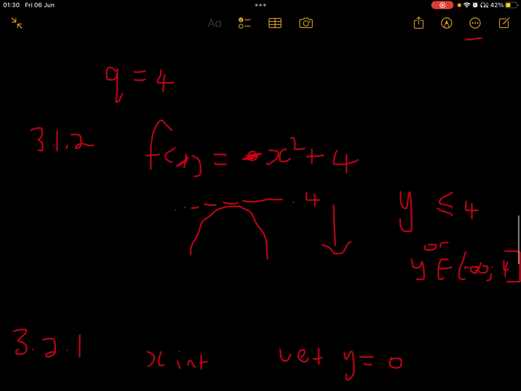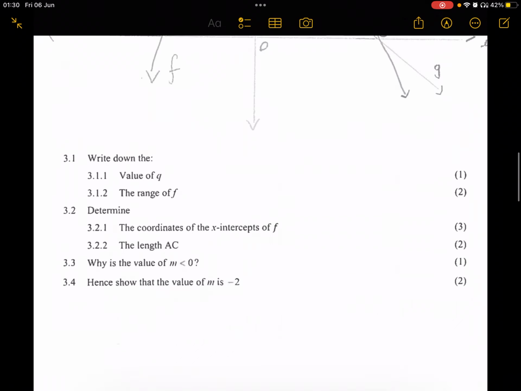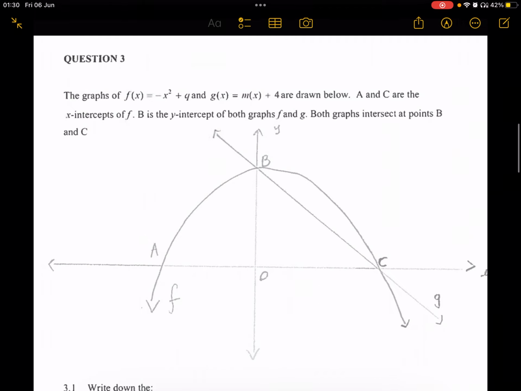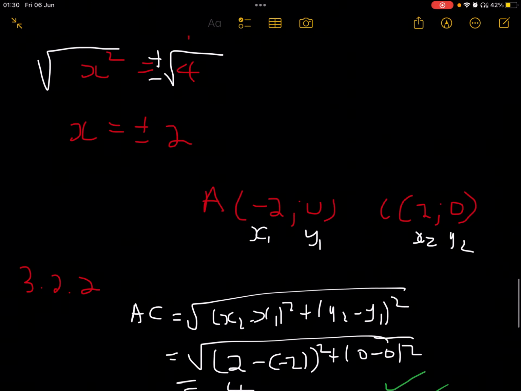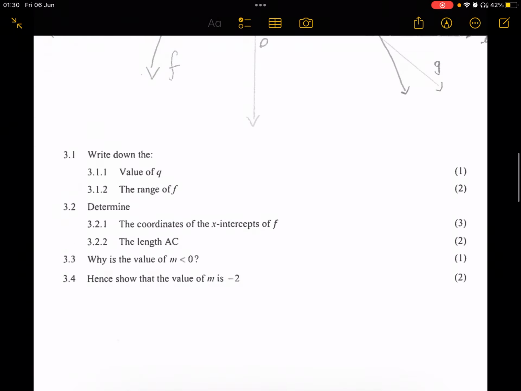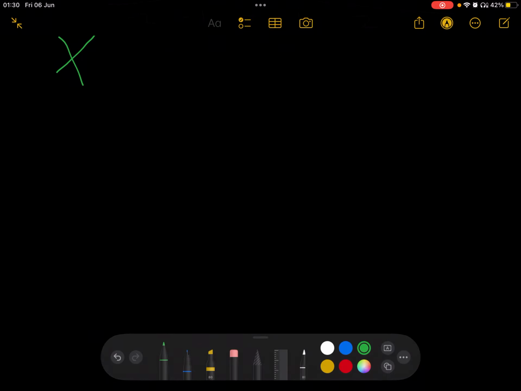Now in 3.3, they say why is the value of m less than 0? The value of m, which is the gradient of the graph of g of x. Why is it less than 0? You can see that the graph is starting from left to right in a decreasing function.